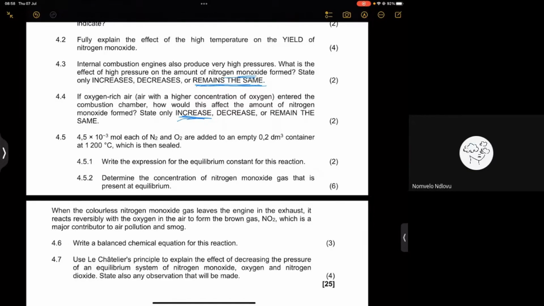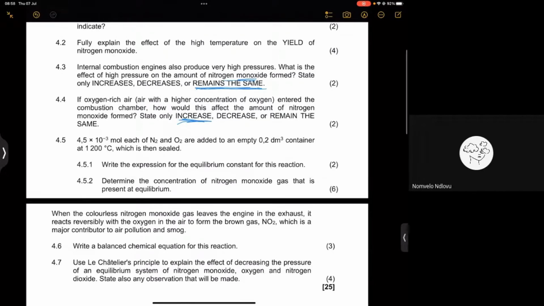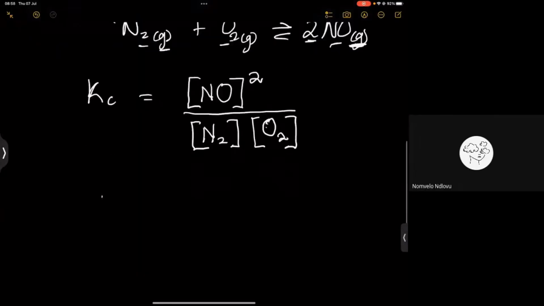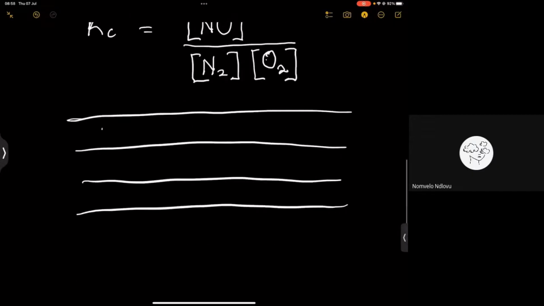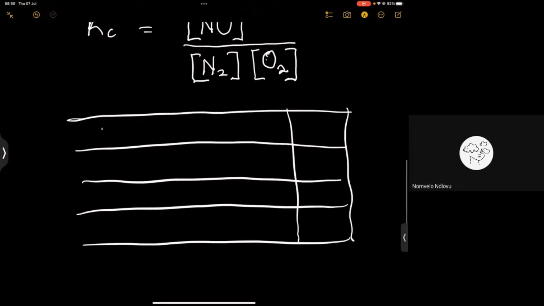They say determine the concentration of nitrogen monoxide gas that is present at equilibrium. Right. So what we're going to do is draw a table. So we've got three things there.